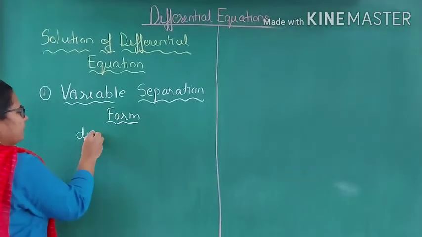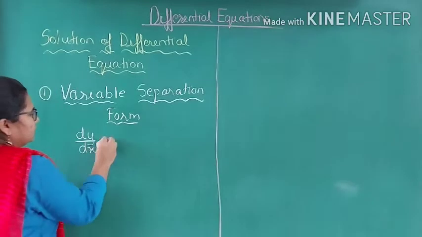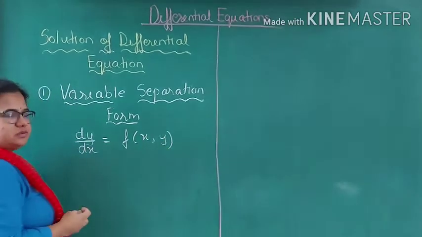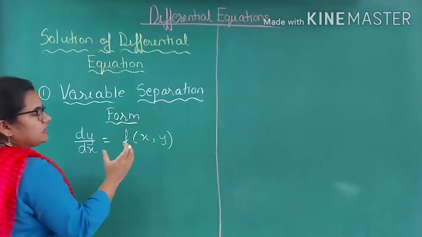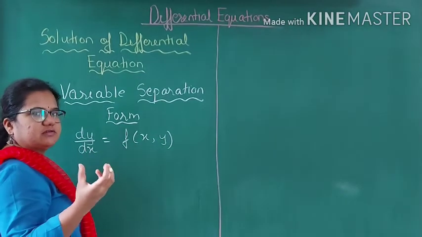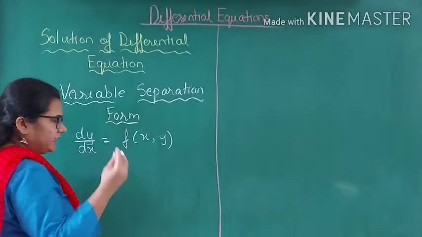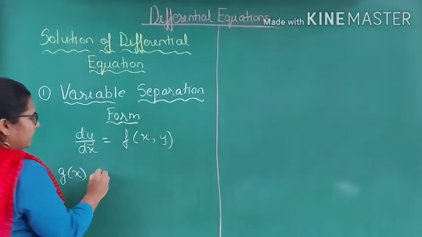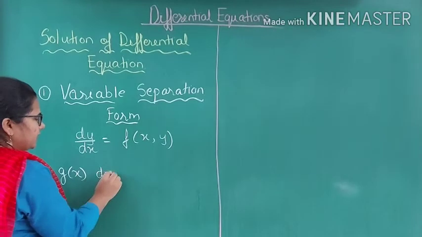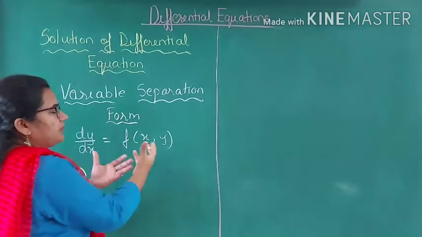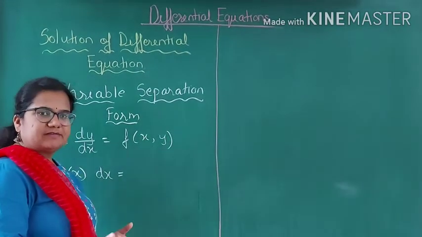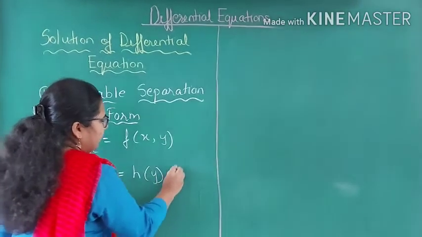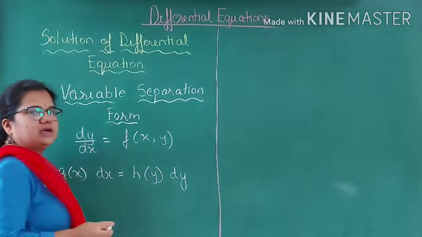So if we have a differential equation in x and y, from this, separate the functions which consist of the variable x. Suppose that function becomes g of x. Then attach the differential dx with it. Then separate the function which consists of the variable y. Suppose that function is h of y. And then attach the differential dy.